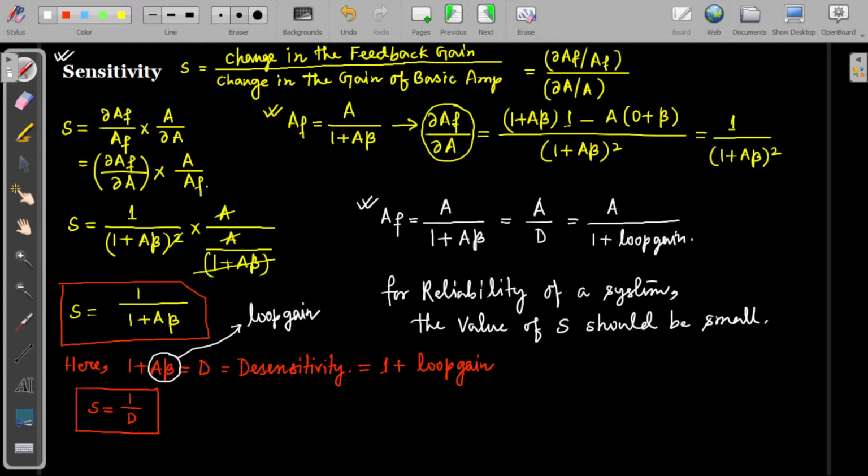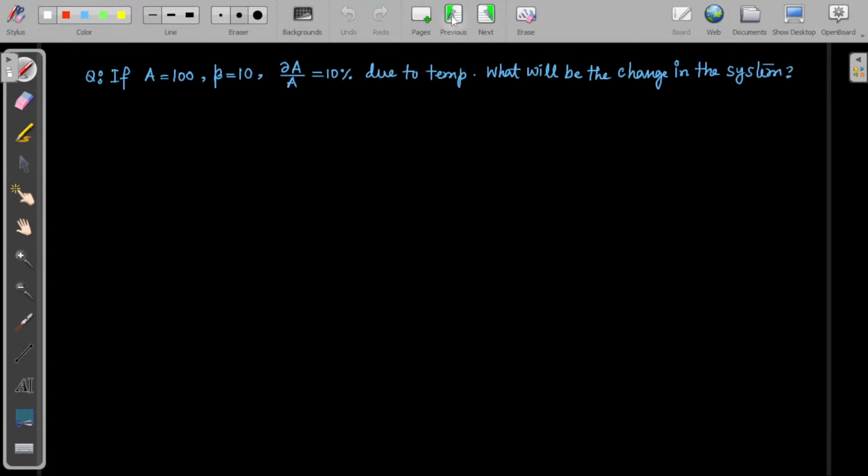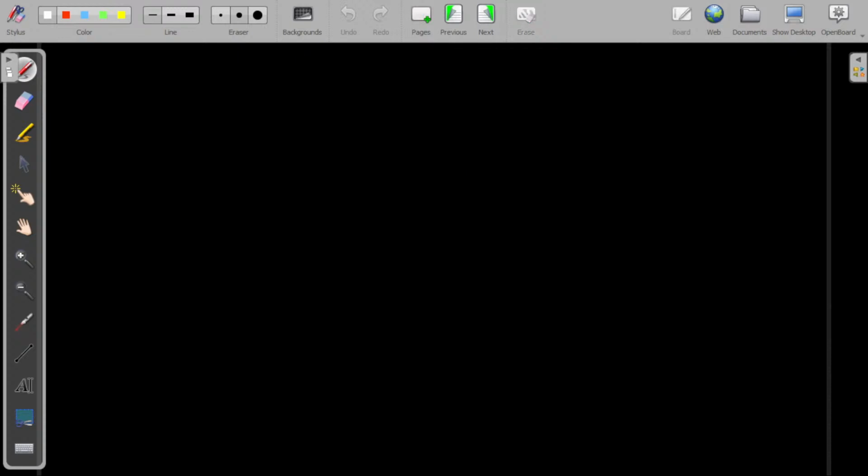So for high reliability, that is what we have seen.